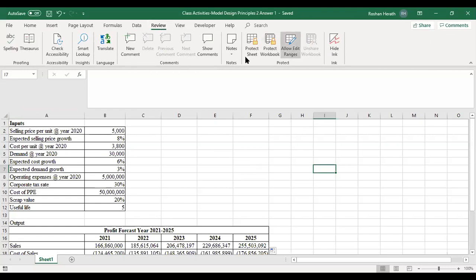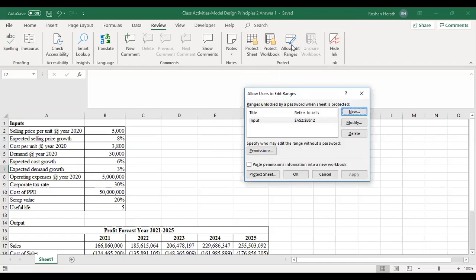In that, you have an area called protection. In that, there's the option allow edit range. Once you click on that, a dialog box comes. Then you can specify the area that you want to allow the user to edit.